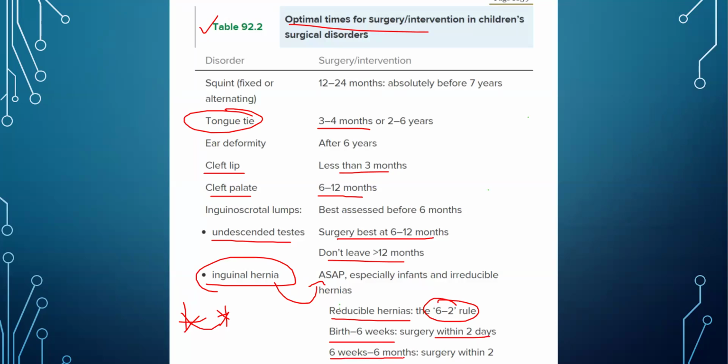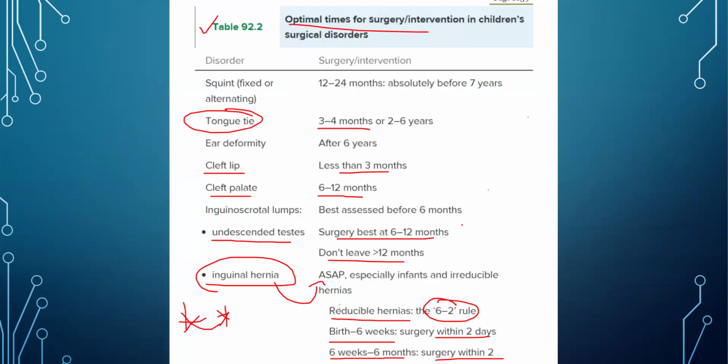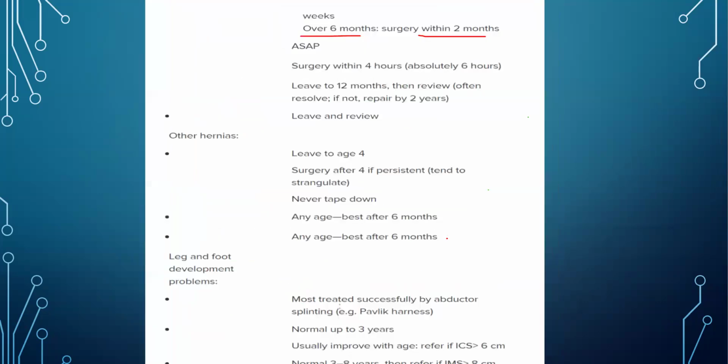Between 6 weeks and 6 months, surgery should occur within 2 weeks. And over 6 months, surgery should happen within 2 months. So that's also important for the exam. We follow this 6/2 rule depending on the age of the child. And if it is an umbilical hernia, you can wait for up to 4 years.